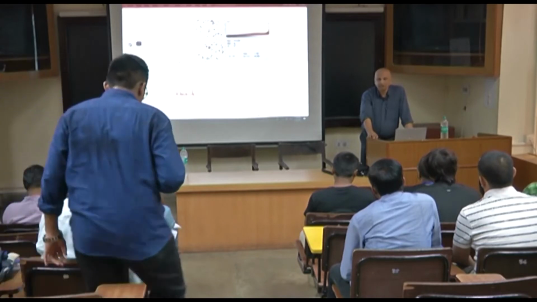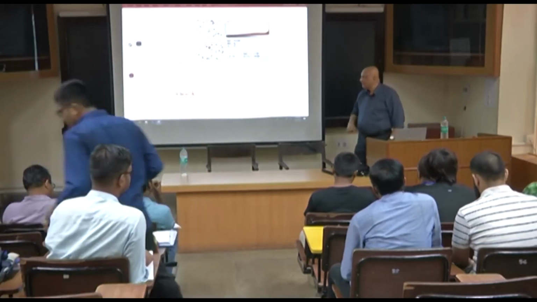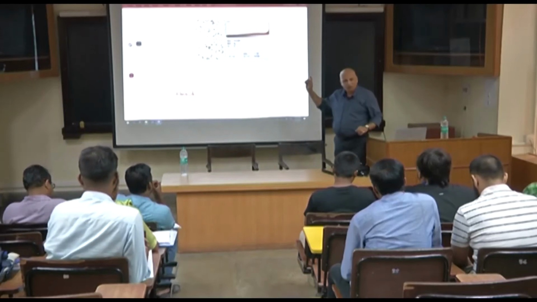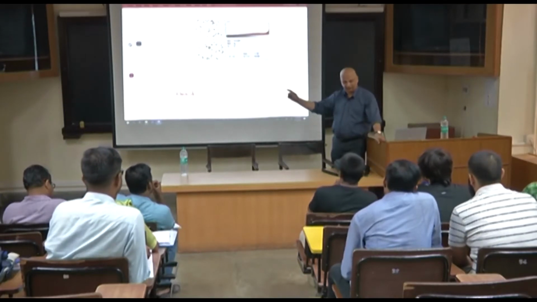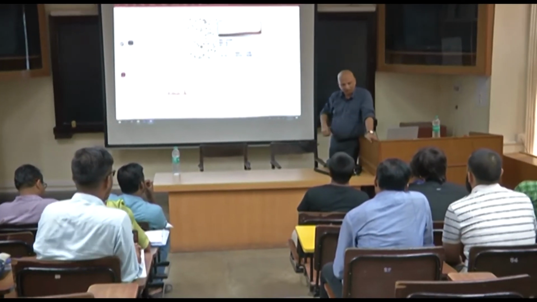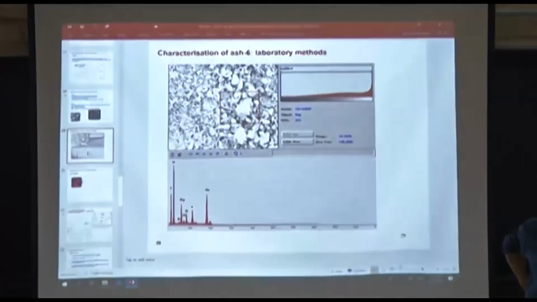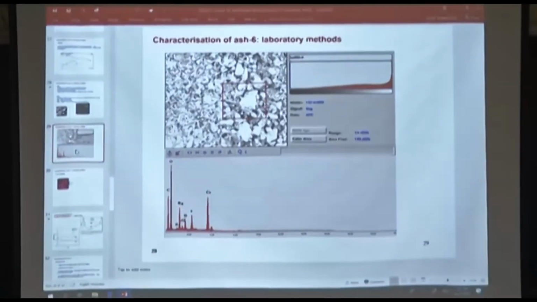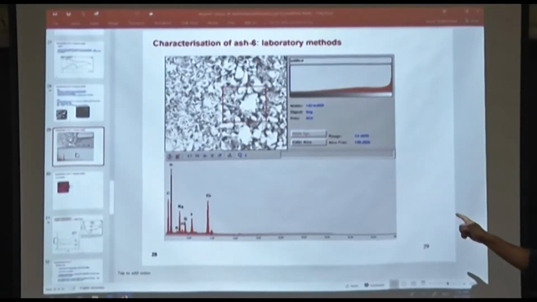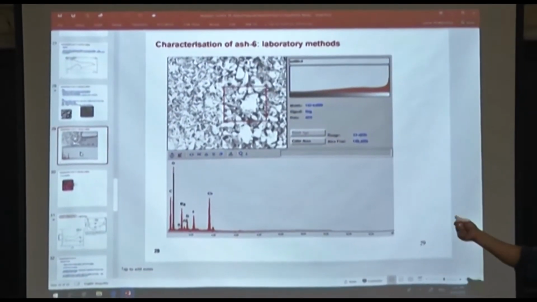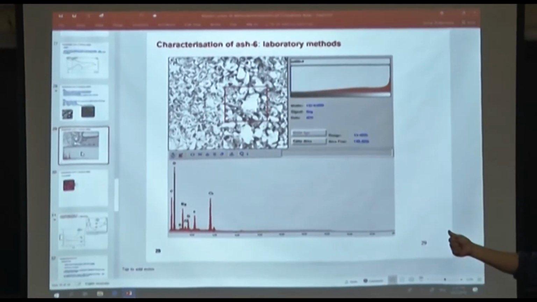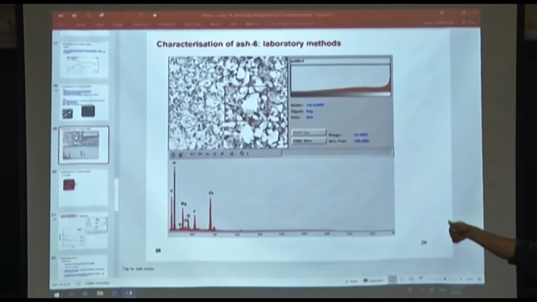Excellent question. So, when you do the EDX using scanning electron microscopy, it doesn't discriminate between crystalline compound or amorphous compound. It just finds out what element it is depending on how many electrons it has been able to bombard out, being detected by the detector.